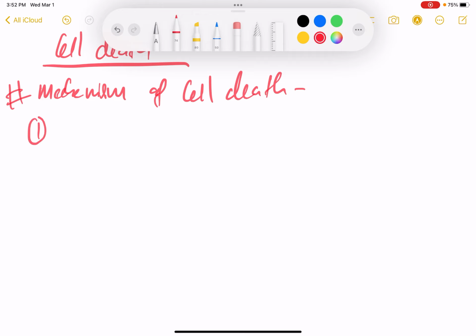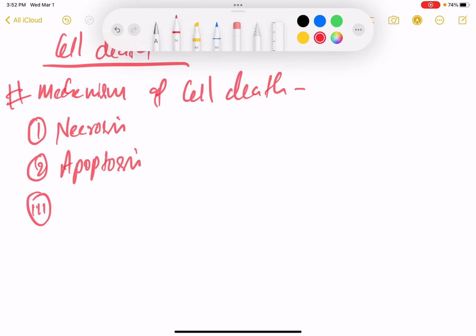Here, the first one is necrosis. The second is apoptosis. Third is necroptosis. Fourth one is pyroptosis.